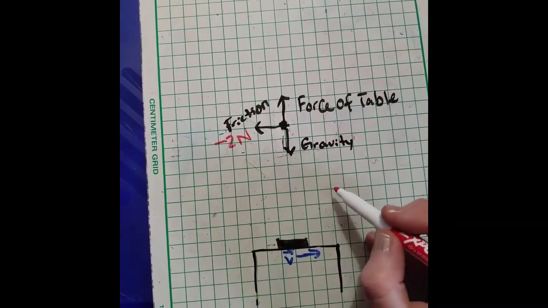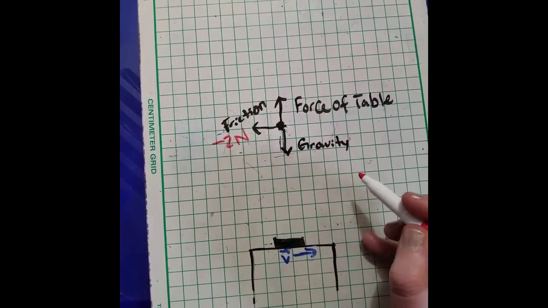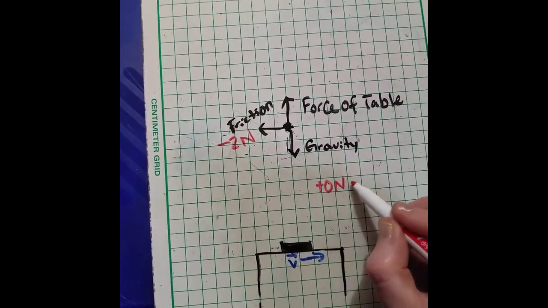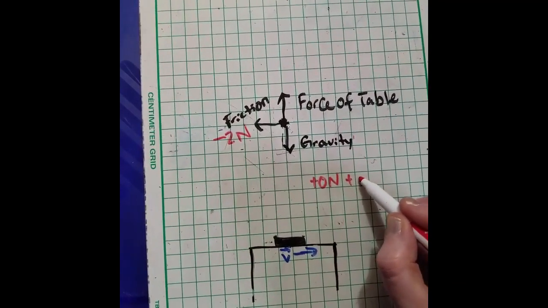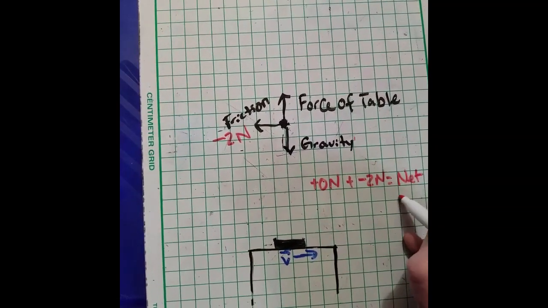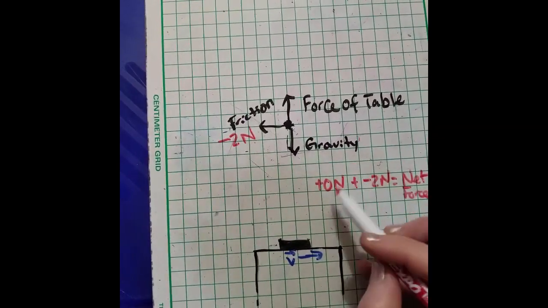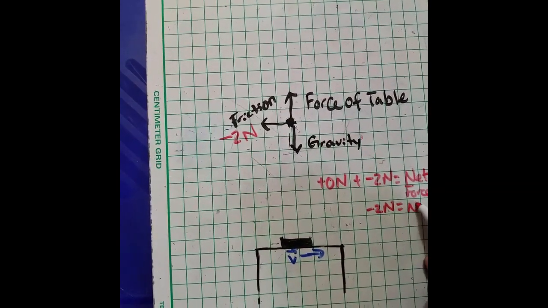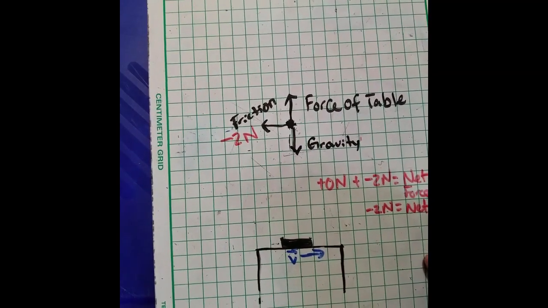Using the idea that the sum of the forces in one direction equals the net force, 0 newtons in the positive direction plus -2 newtons equals the net force. I have -2 newtons equaling the net force.